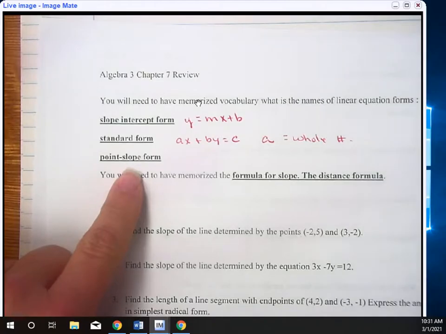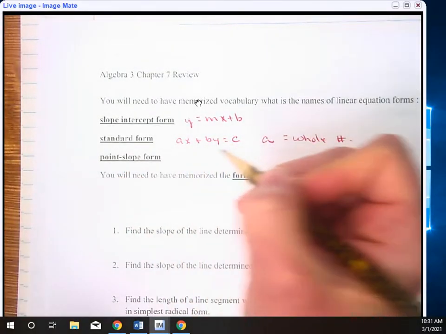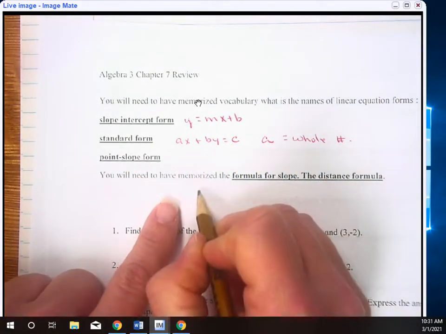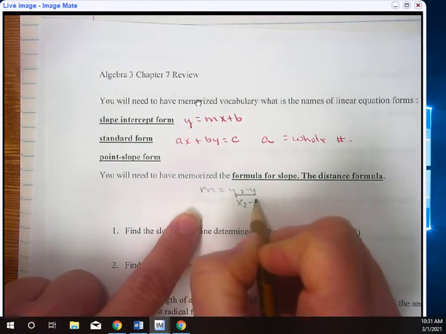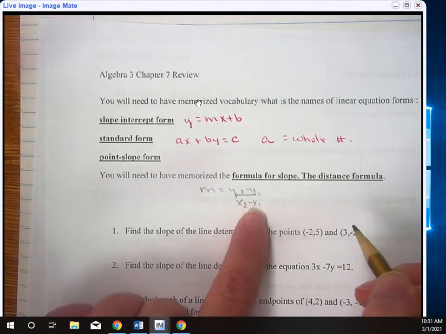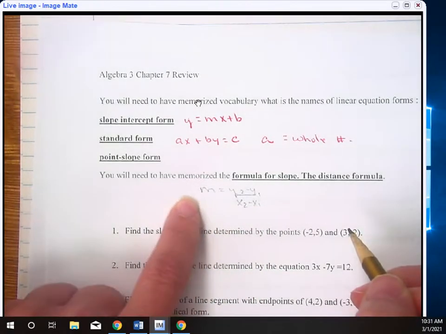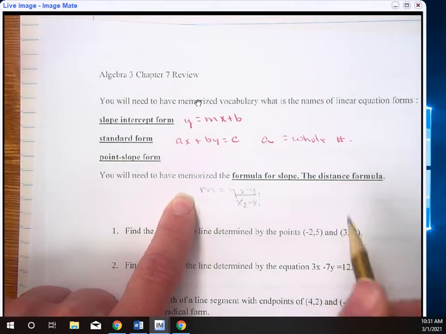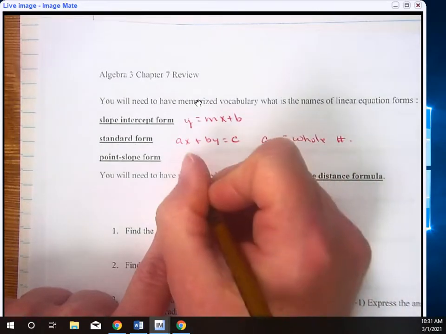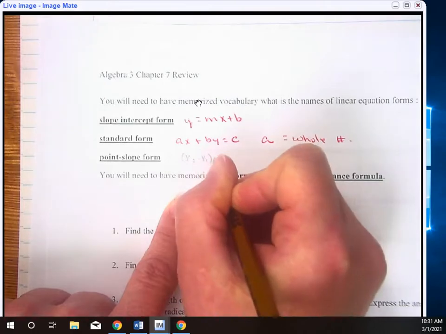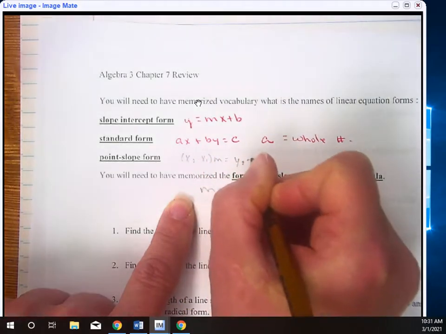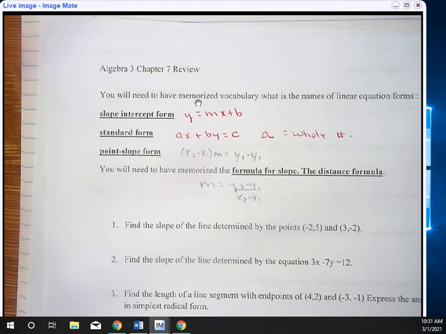So then point slope is when you take your formula for the slope, m equals y minus y over x minus x, and you're actually going to put the x sub 2 minus x sub 1 with the m, like you were going to solve it. So point slope works out well if you're having to put answers in standard form.